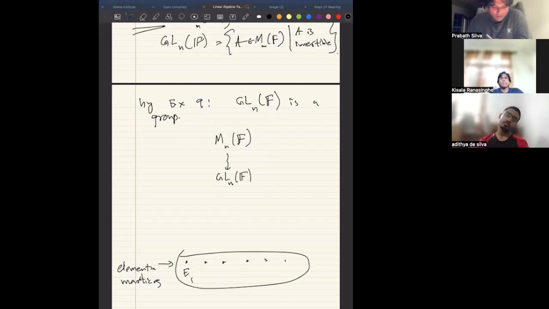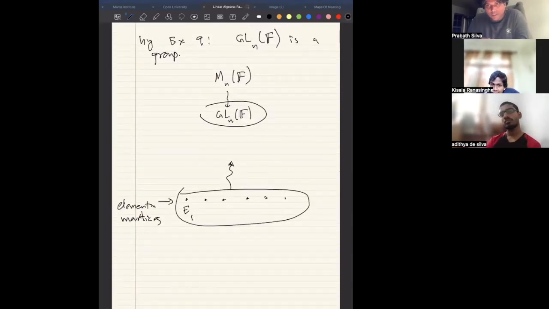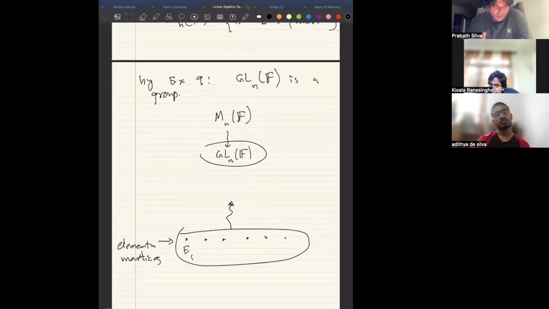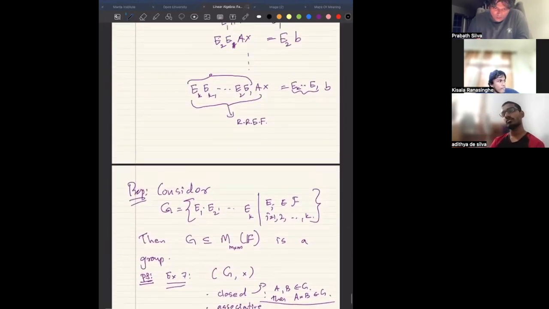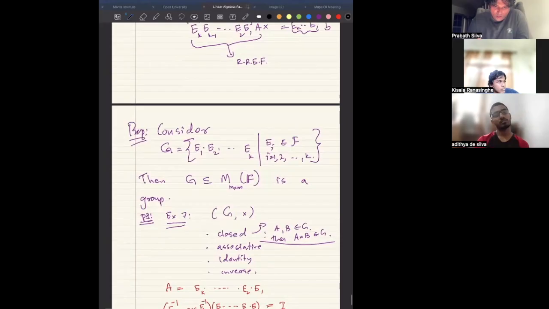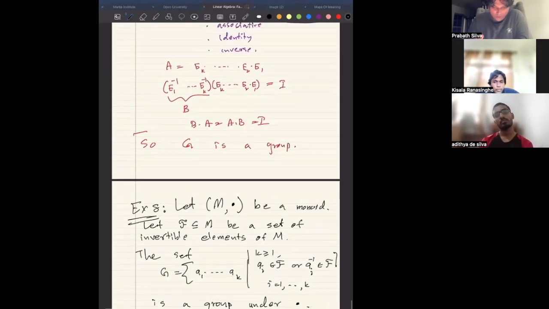And we showed that we can construct a group out of these guys, which is like you take finite products of these things and then you construct, I call this thing G.